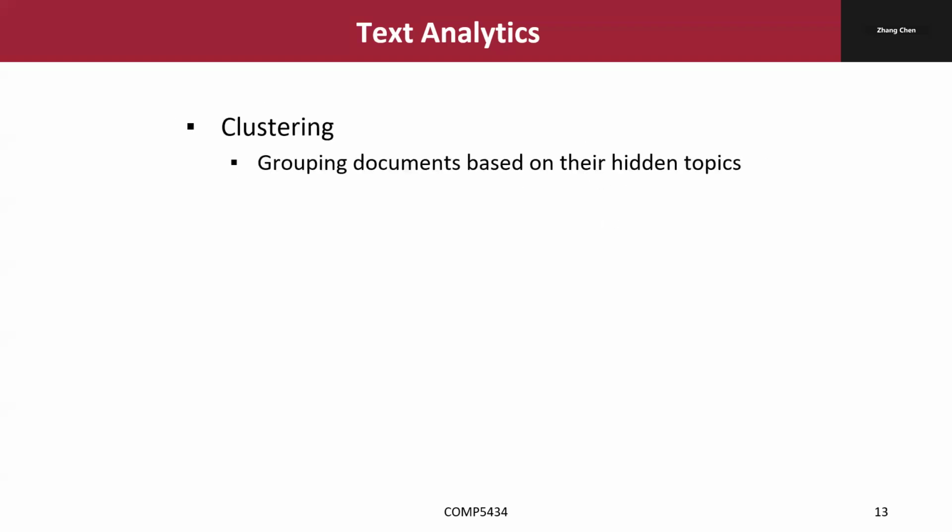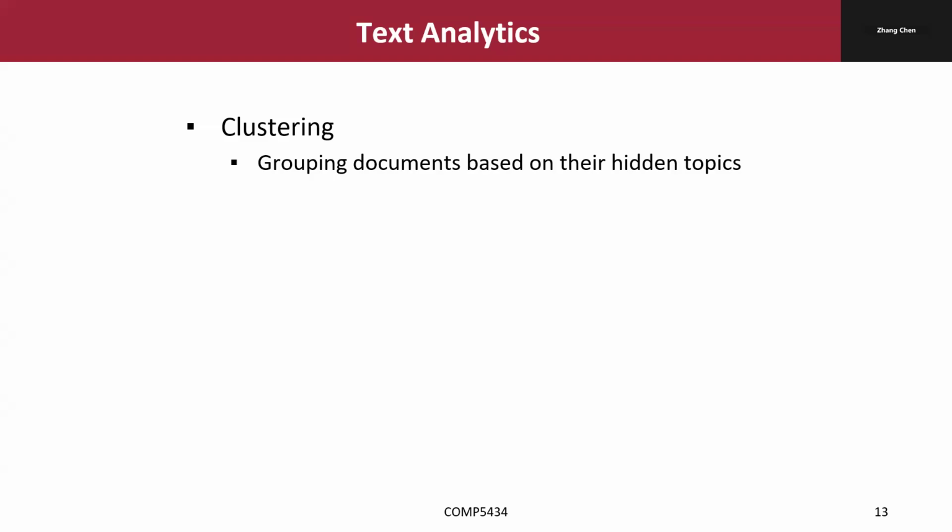Okay. So for text analytics, the first task is clustering, right? Clustering basically groups documents based on hidden topics, right? When we have a huge amount of web pages, or books, how do we organize that information?